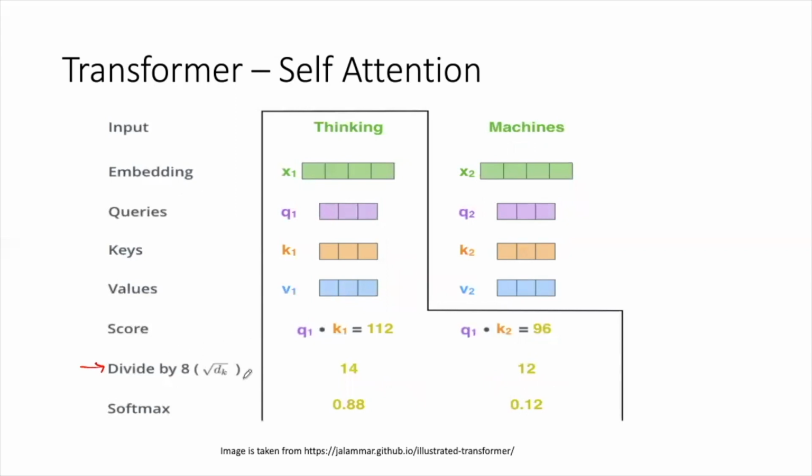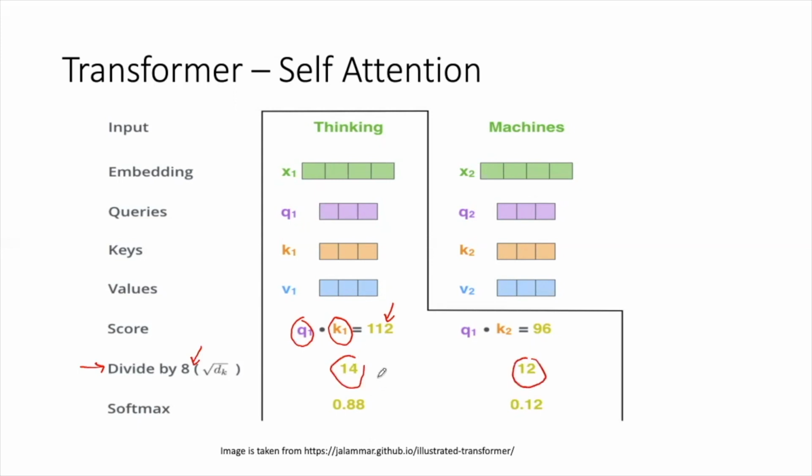This is typically the root of the dimensions of the input. The reason that we do this is in case our dot product leads to large values. So here it's 112, but let's say it is pretty large, because there is no constraint on what the magnitude of these vectors should be. So it could be possible that there's a large dot product. So in order to bring it down, we divide by some constant. So once we do that, we have some scores that are generated.